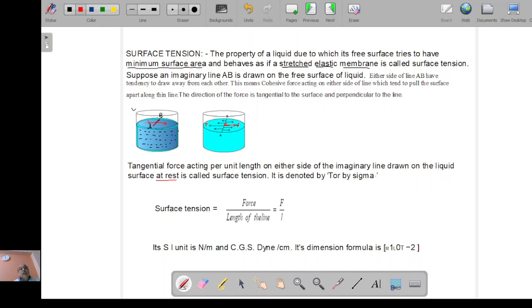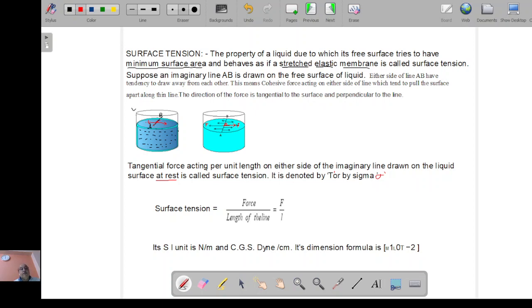The force acting per unit length either toward left or toward right is called surface tension, and it is denoted by T or by sigma. Sometimes it is denoted by T, and in some books you will find it denoted by sigma as well.